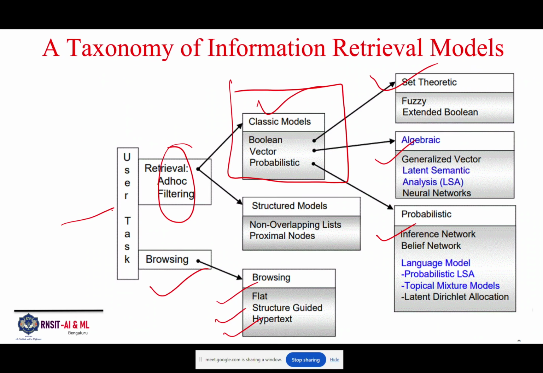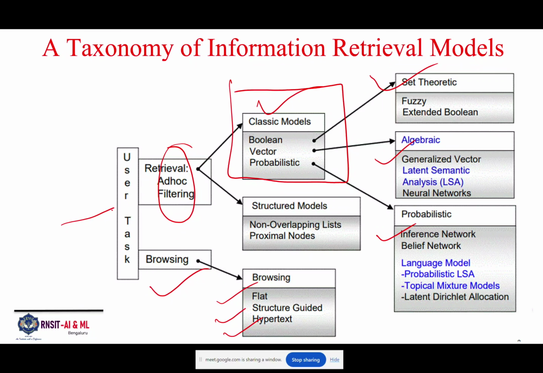Over the years, alternative modeling paradigms for each type of classical model, that is set theoretic, algebraic, and probabilistic, have been proposed. Regarding alternative set theoretic models, we distinguish the fuzzy and extended Boolean models.